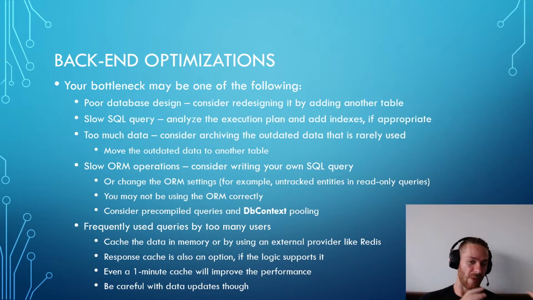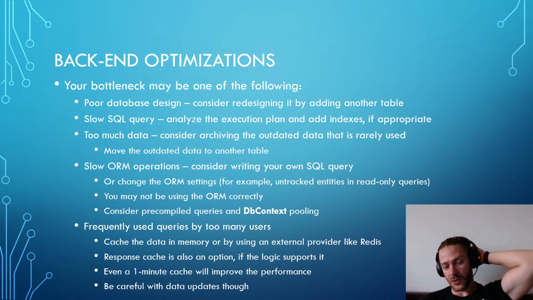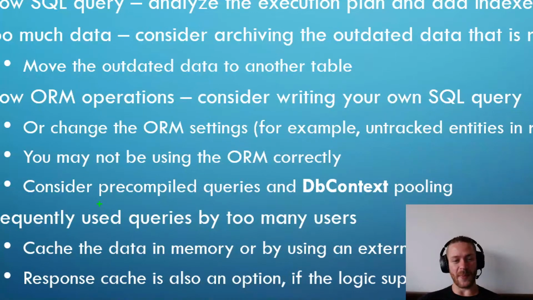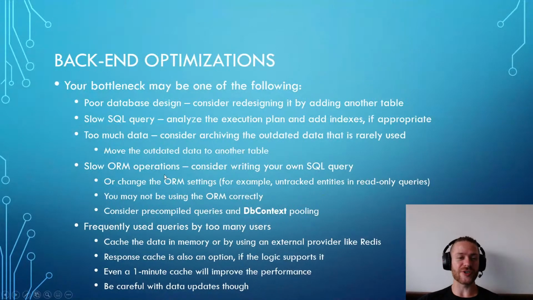You can watch my series about Entity Framework Core if you're using Entity Framework Core, or the old Entity Framework. I covered it too. The last thing you may consider is to use precompiled queries or DB context pooling. These two options are available, for example, in Entity Framework Core. The precompiled queries allow you to run the queries once.